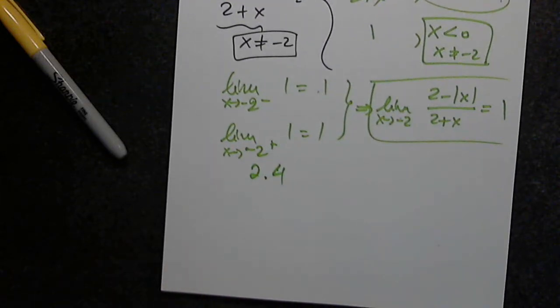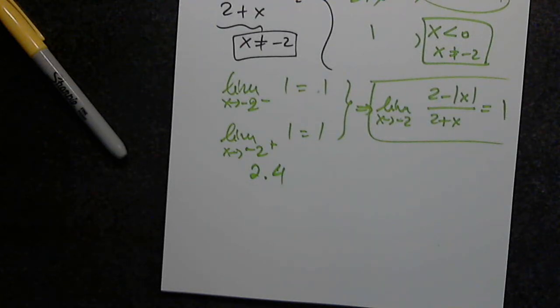So in 2.4, I wanted to show you a numerical example, and I also wanted to show you another linear limit with a precise definition of the limit, epsilon delta. Okay.